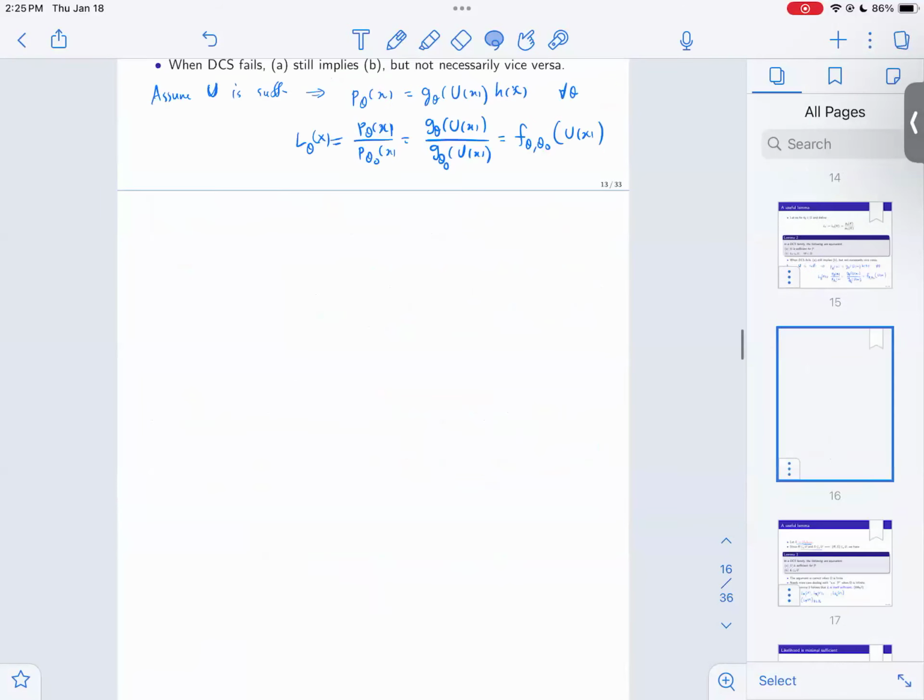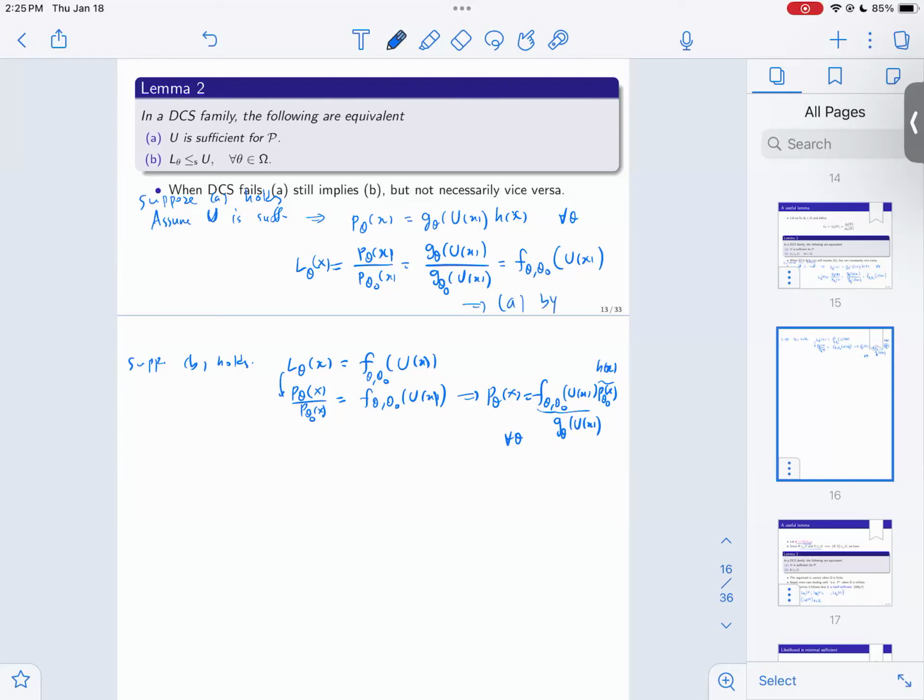So suppose A holds. So this implies A by its definition. Now suppose B holds, then this implies that. So once we have that, this implies that U is sufficient by the factorization theorem.